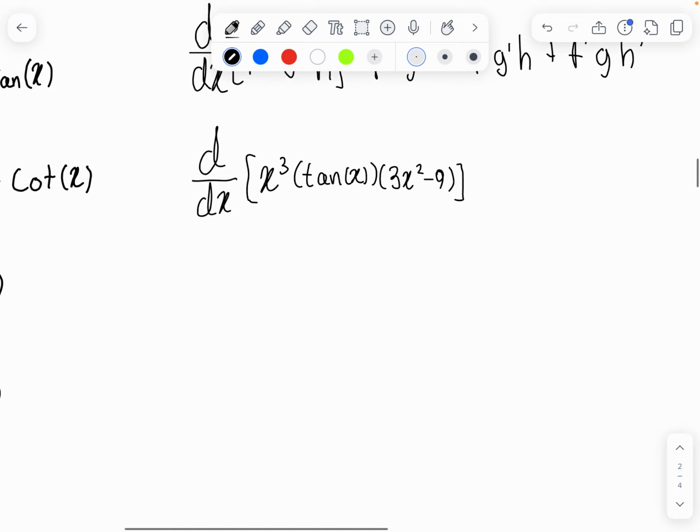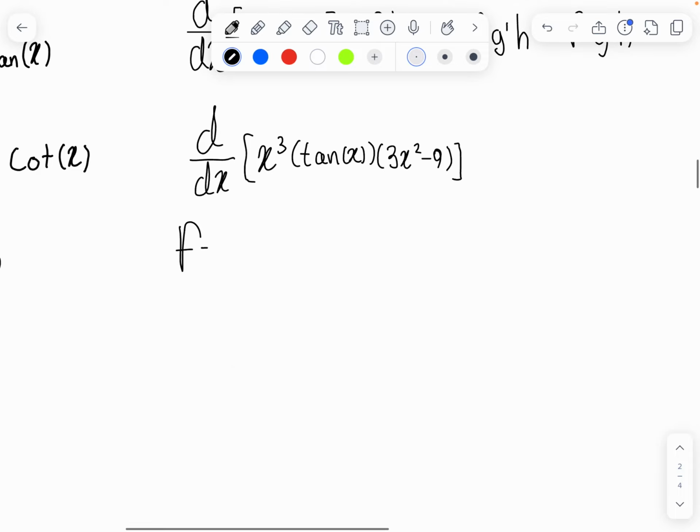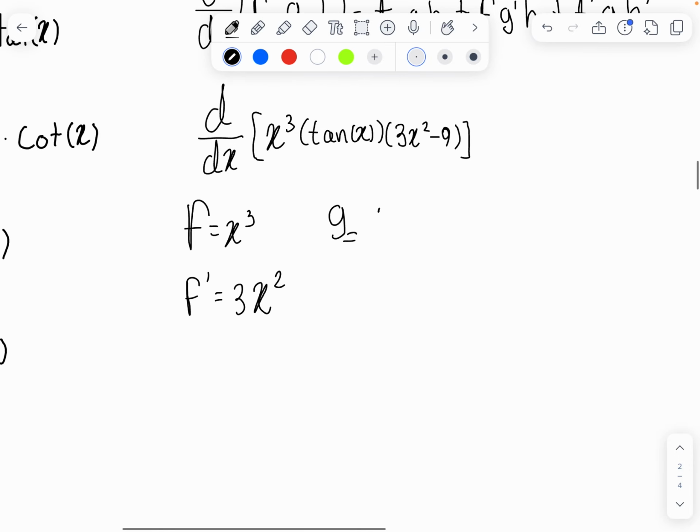Okay, hopefully you've paused. And so let's identify. F equals x cubed. F prime equals 3x squared. G equals tangent x.